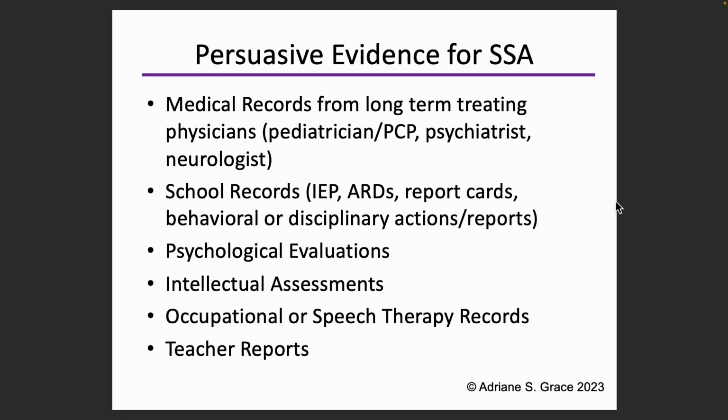If your child has significant behavioral issues, that might be helpful as well to show that they're very limited in social functioning. Psychological evaluations and intellectual assessments, you should send those in. They are not very good at getting psychological records. So if you go through the time or expense of getting an evaluation, go ahead and send that in.